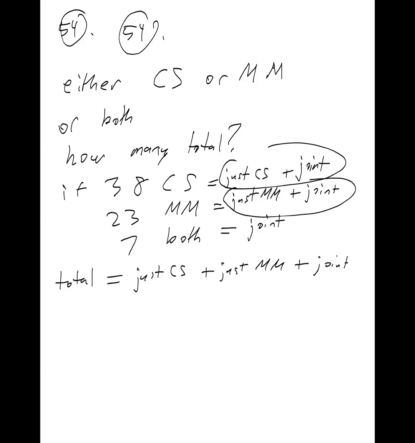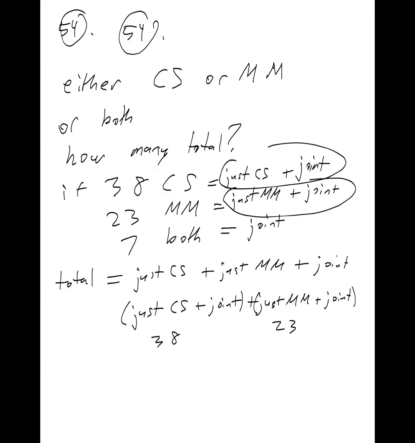If I took the number that are just CS plus the number who are joint, plus the number who are just MM plus the number who are joint, this right here would represent 38. This right here would represent 23. Now that does not represent the total, right?